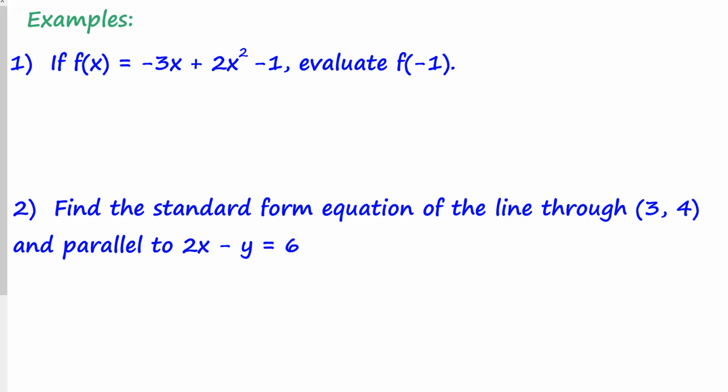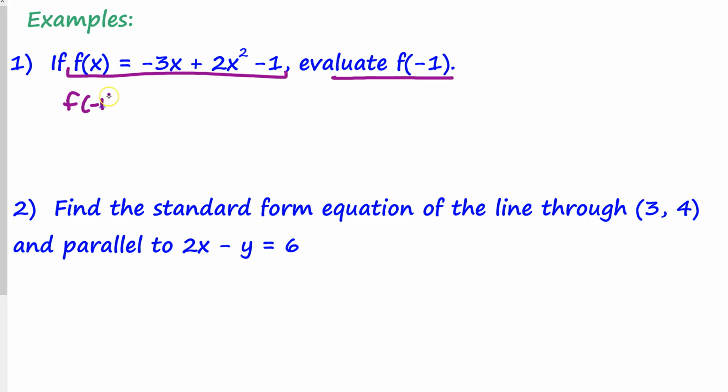So this first example is just using function notation. This time it's not a line. I could have given you a line, it doesn't really matter. I just made up some function, f of x, and the goal here is to understand what it means to evaluate f of -1. All it means is put -1 in for x and then figure out the answer, or simplify the expression.